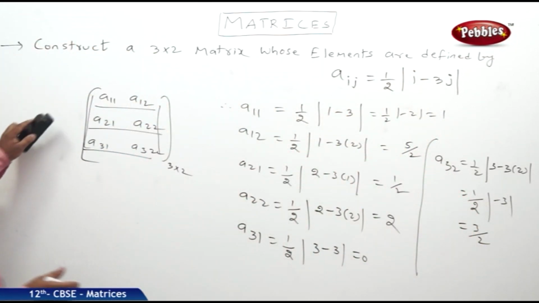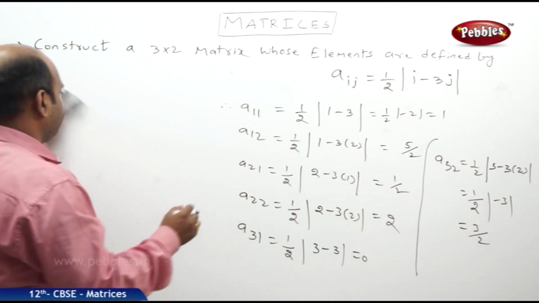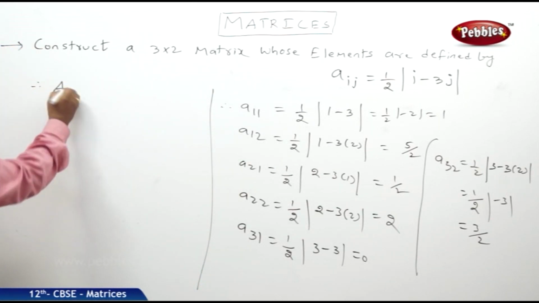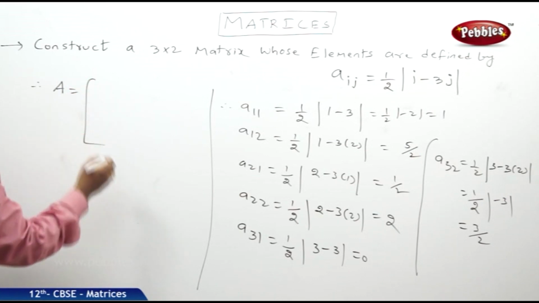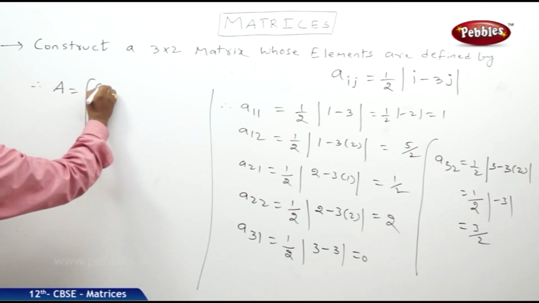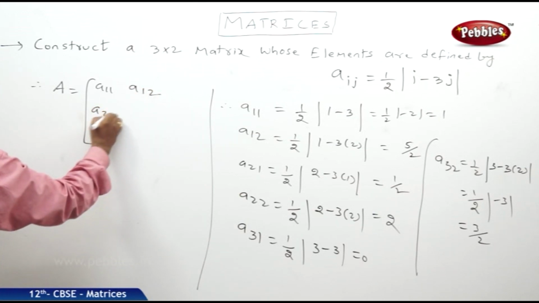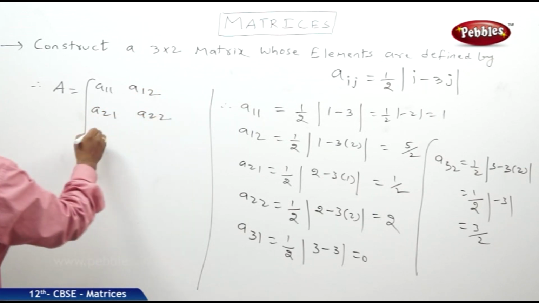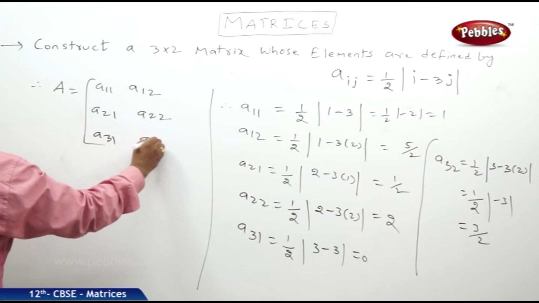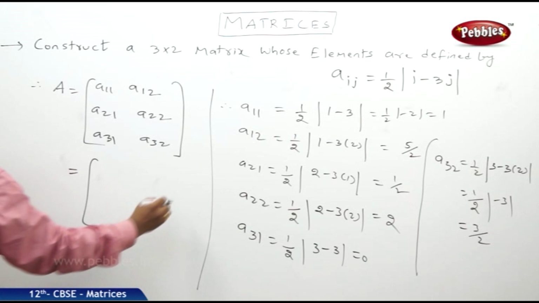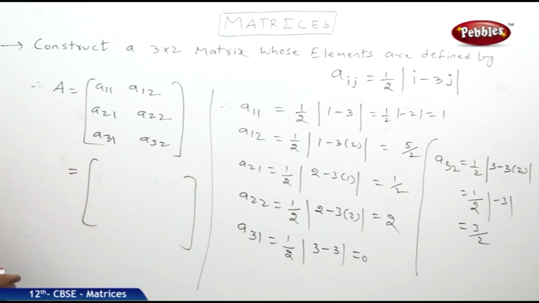So here finally, what should I conclude? Our answer matrix is denoted by capital A, and here it asks for a 3 by 2 matrix. So a 3 by 2 matrix means A11, A12, A21, A22, A31, A32. Now I need to substitute all the elements in their respective places.